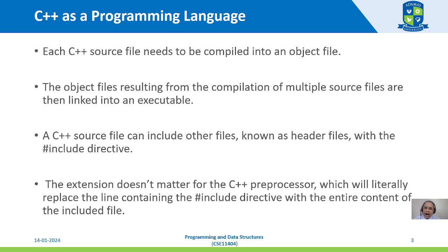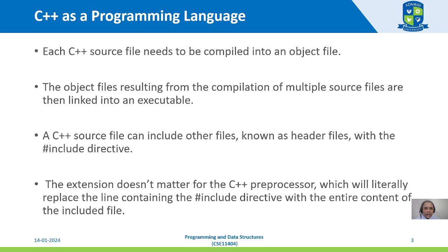Now after compilation, this object file, what we have just mentioned, is compiled with the help of multiple source files and then linked into an executable file. Here we are talking about multiple source files, meaning suppose some inbuilt functions we are using. Let us consider cout, that is console output, and cin, console input.